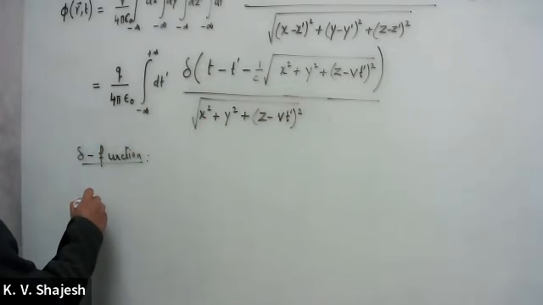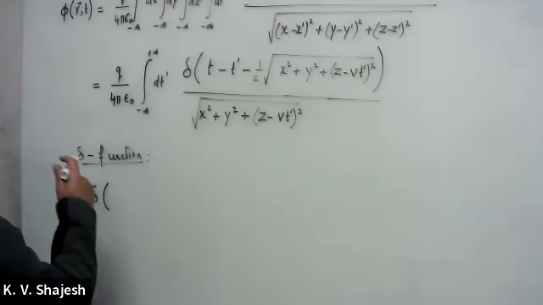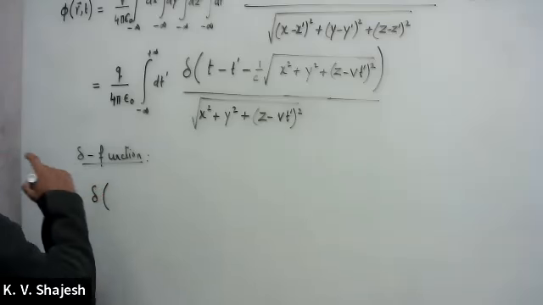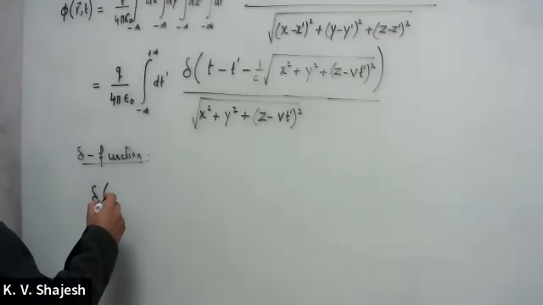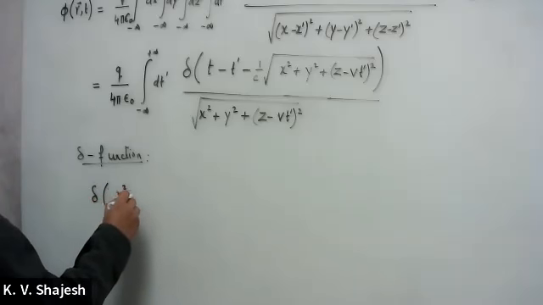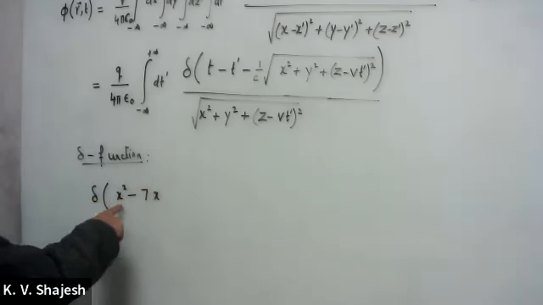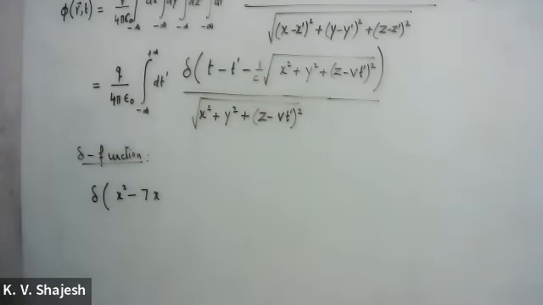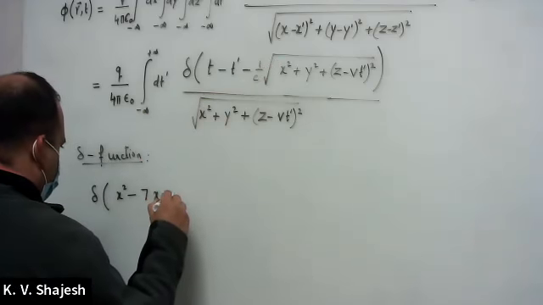And let's say the delta function has two solutions, 3 and 4, correct? So it is x squared minus 7x, and this x has nothing to do with the earlier x, it is just a general variable. So 3 times 4 equals 12, so it's plus 12.